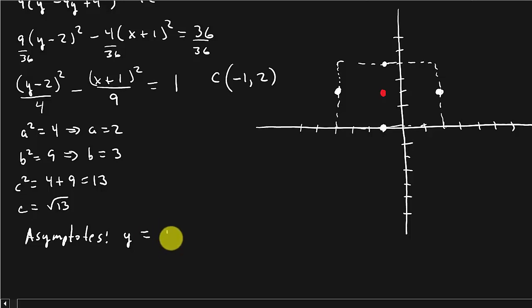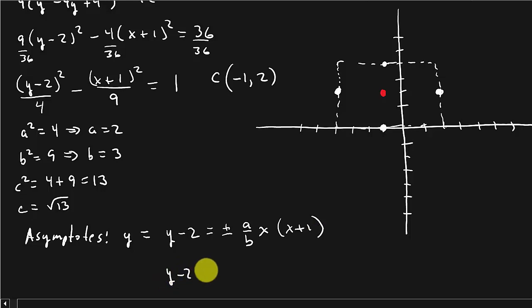So our asymptote's going to be y, let's see, there's the 2, so y minus 2, and that's going to equal plus or minus. So the y squared term came first, so that's a over b times x plus 1. Okay, it's going to be in this form.